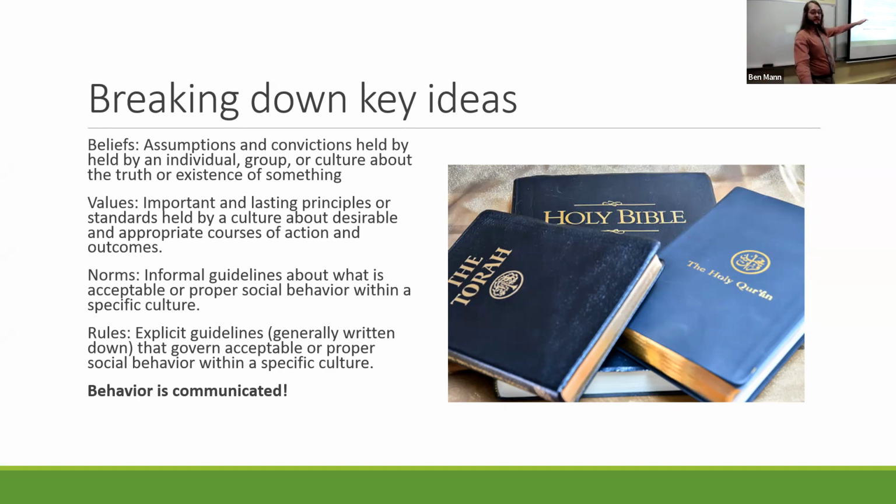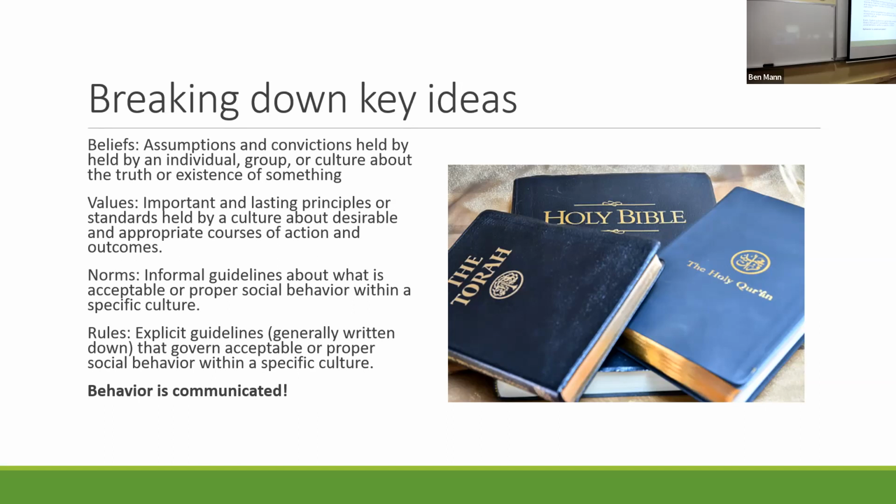And then we have this idea of rules, right? Rules are generally written down, and they inform what we consider to be the acceptable behavior and actions of members of the group. We think about the U.S. Constitution and the Bill of Rights, right? That would be an example of culture-centered rules.